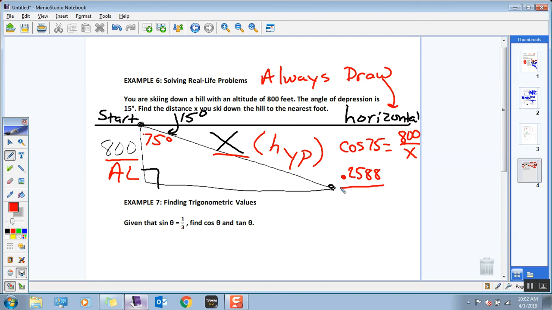I'll put that over what, kids? Is my answer going to be longer than 800 or shorter than 800? Better be longer. Yep. So 800 times 1 divided by 0.2588.